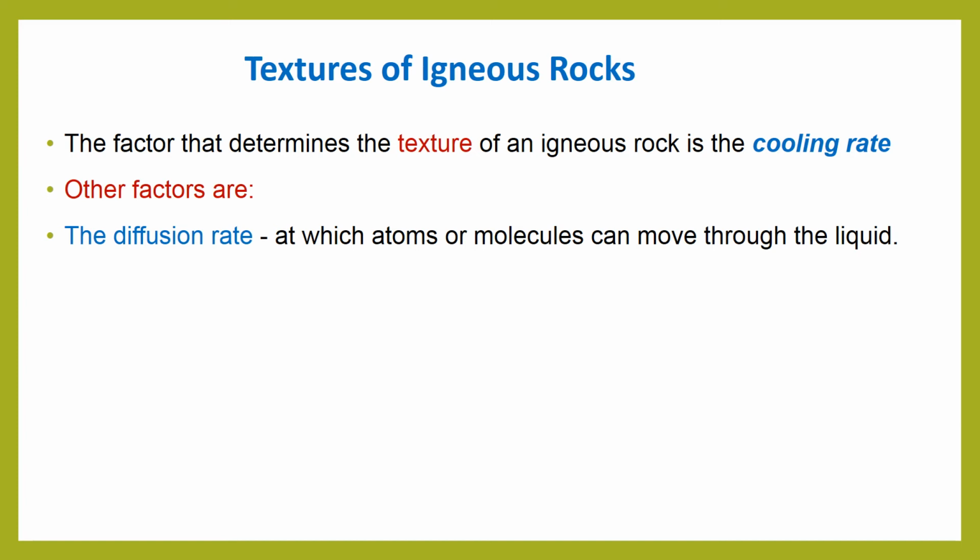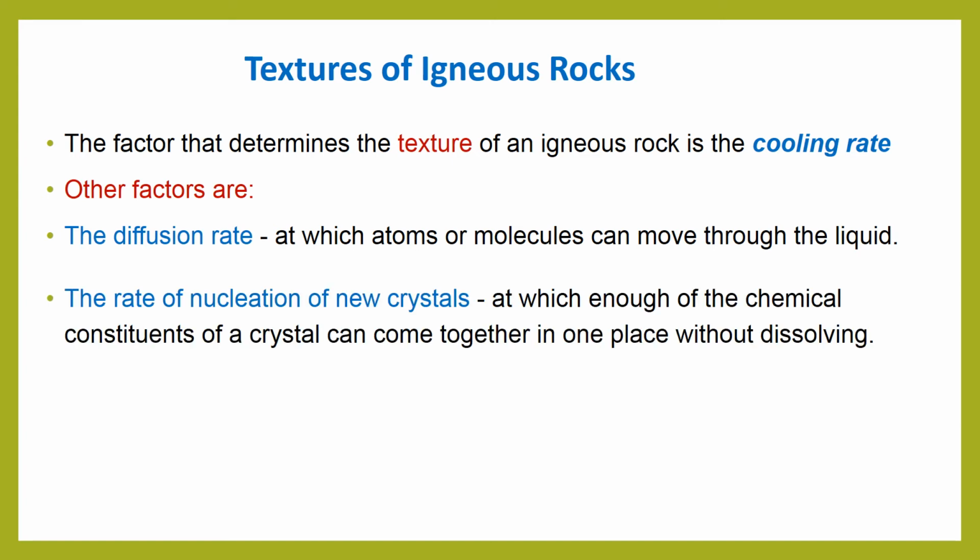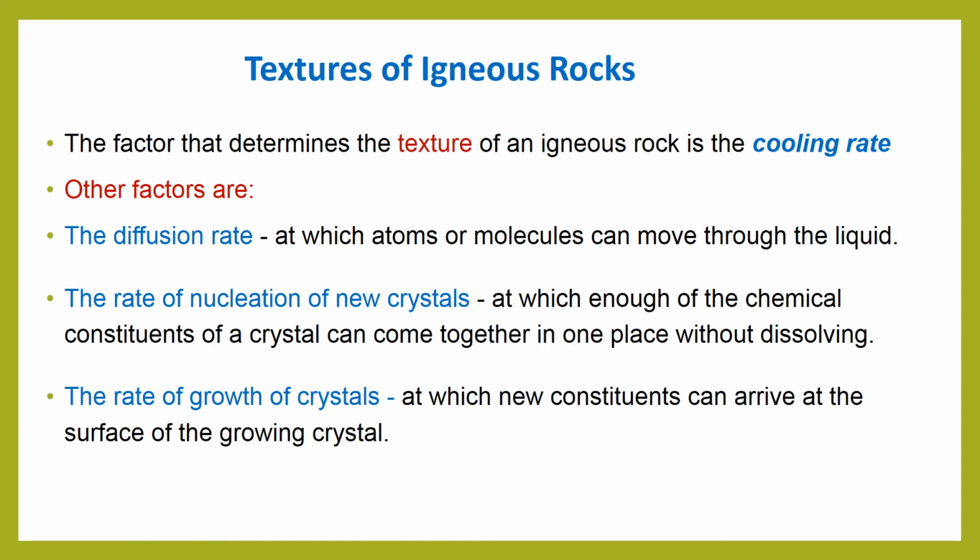The diffusion rate, at which atoms or molecules can move through the liquid, and the rate of nucleation of new crystals, at which enough of the chemical constituents of the crystal can come together in one place without dissolving. The last factor is the rate of growth of crystals, at which new constituents can arrive at the surface of the growing crystals. Of course, there are some other factors, but these are the important factors we need to know about.